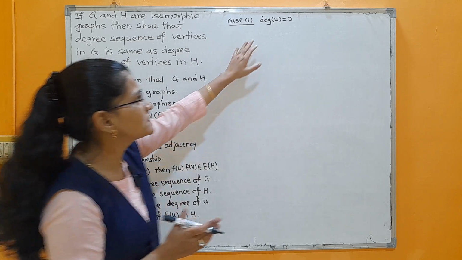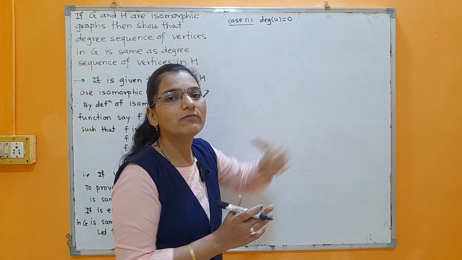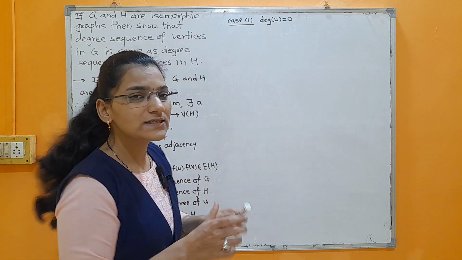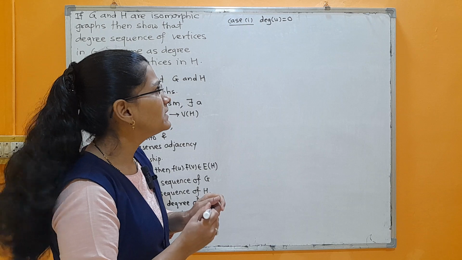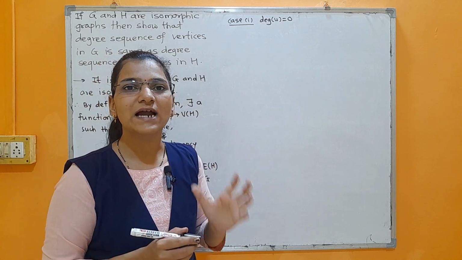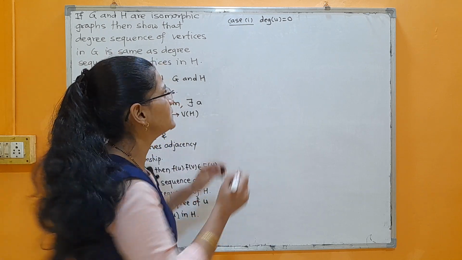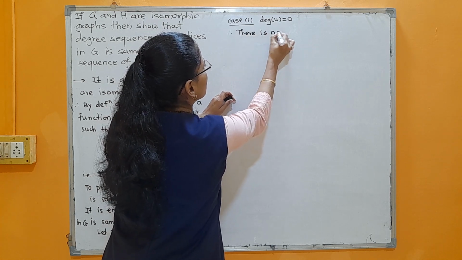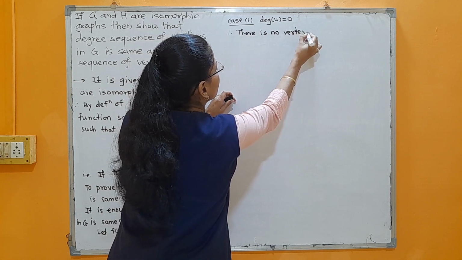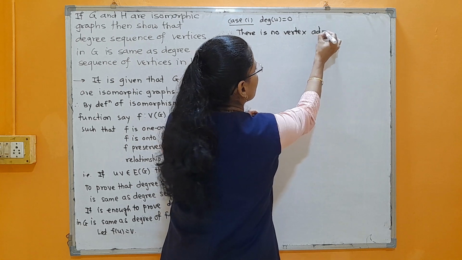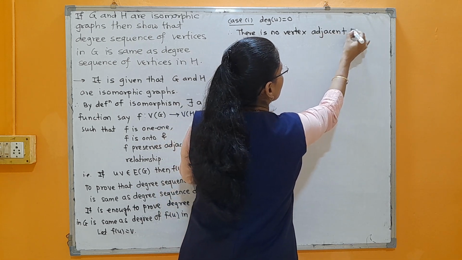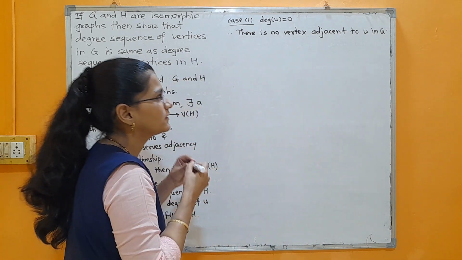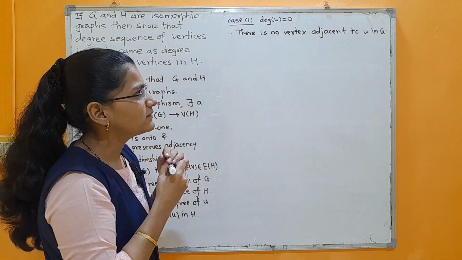In the first case we have considered the degree of u is equal to 0 and we want to prove the degree of v is equal to 0. Degree of u equal to 0 in graph G means there is no vertex adjacent to u in graph G. Therefore, there is no vertex adjacent to u in G. So now I am considering a vertex.